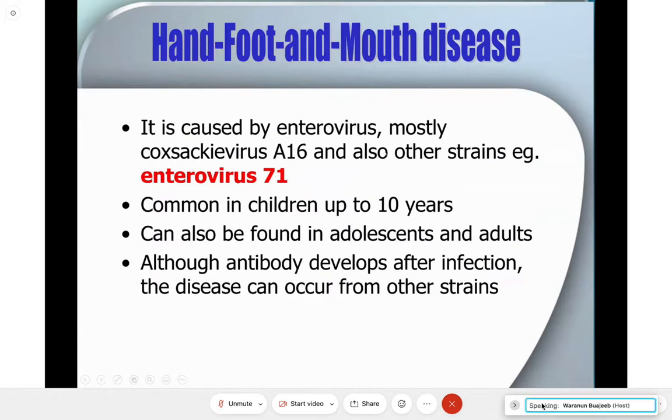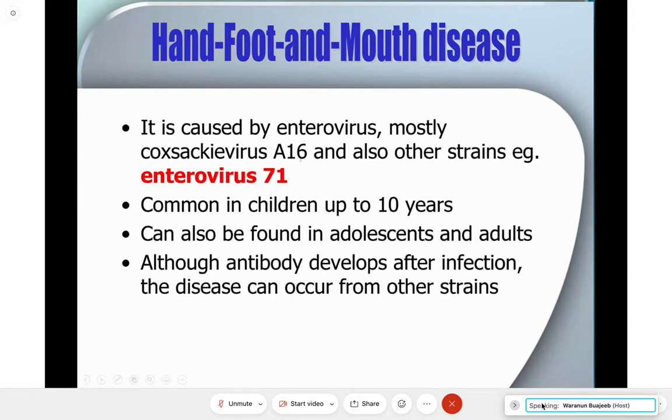And one more thing that you should know is the strain enterovirus 71, which you see sometimes with hand, foot, and mouth disease. Normally other strains cause a self-limiting disease, without any complication. But if it's caused by the strain enterovirus 71, in Taiwan and also in Thailand, you can see that this type of Coxsackie virus can cause other complications like pneumonia or encephalitis, meningitis with high fever.